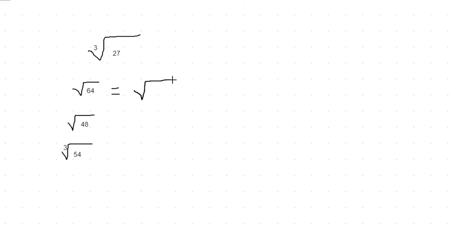So even if you didn't know what the perfect squares were, you could use factors to figure it out. When I think of the numbers that go into 64, you think of it as 1 times 64. So that's not going to help you. You skip the 1 and start with the smallest prime number other than 1, which is 2. So it would be 2 times 32.